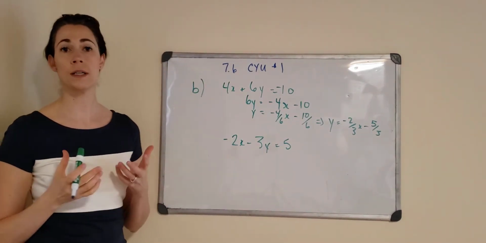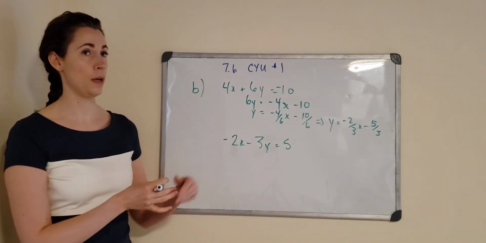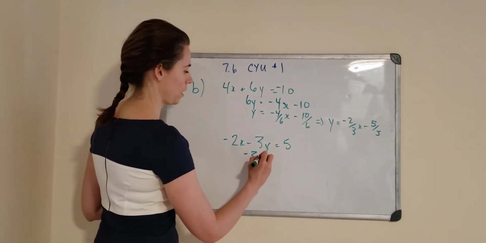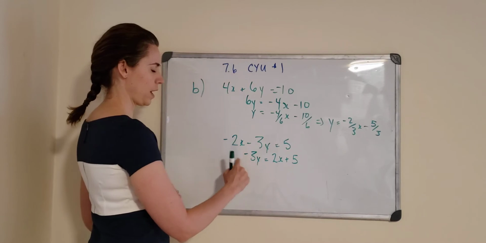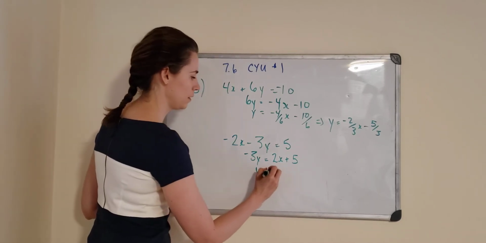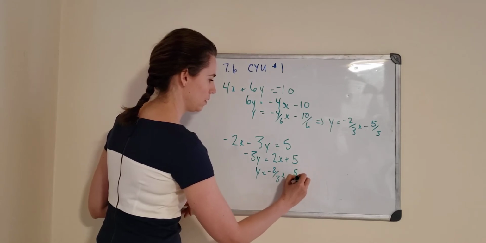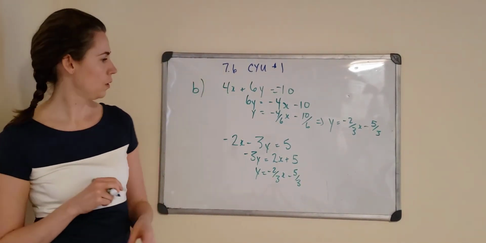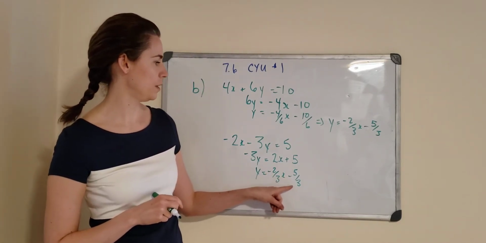And again, we're looking to see if we are going to have the same slope, and then if we have the same slope, do we also have the same y-intercept? All right, so negative 3y equals 2x plus 5. Let's divide by that negative 3. Okay, great. So we've got y equals negative 2 over 3x minus 5 over 3.